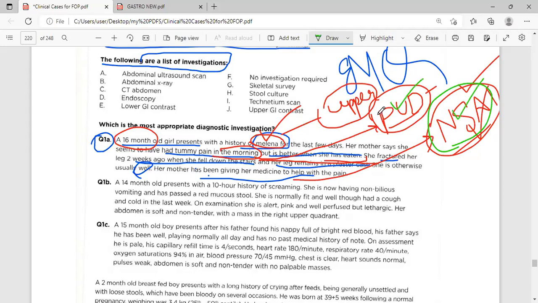They will give you clues, and from the clues you have to make out this is a case of peptic ulcer disease, and she was given medication that has led to melena. Even the medication, they did not mention it was NSAID. But you must have an idea that NSAID is the commonest drug given if a patient comes with a fracture or any kind of pain. Okay, so we understood this is a case of peptic ulcer disease and it is leading to melena. Now, what is your choice of investigation in peptic ulcer disease?